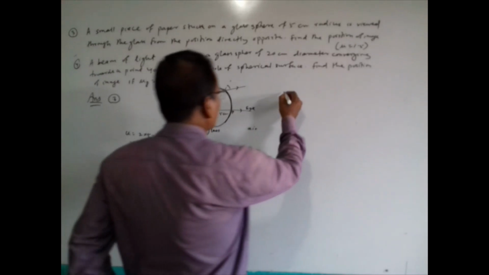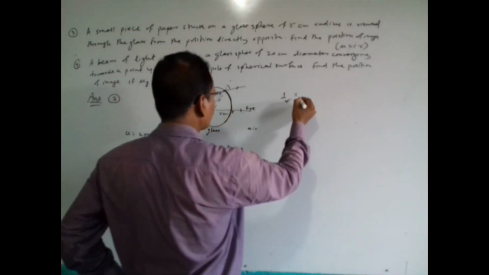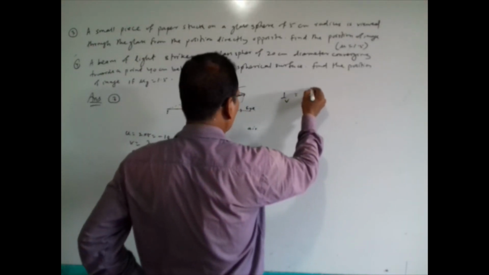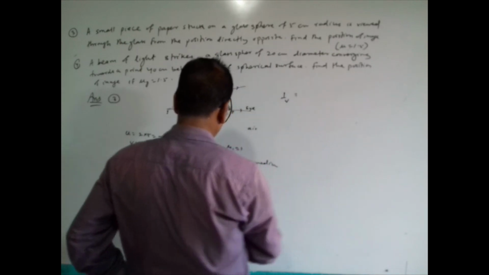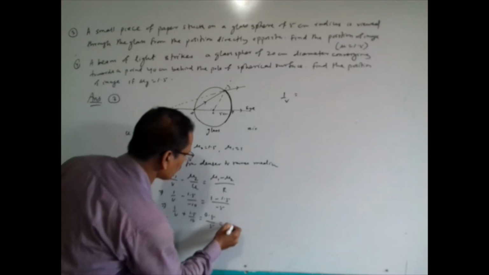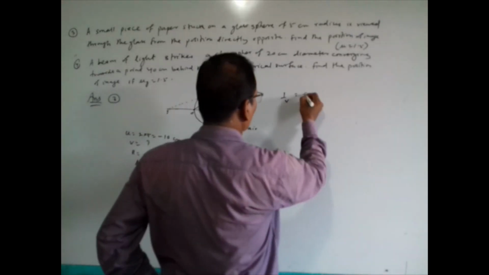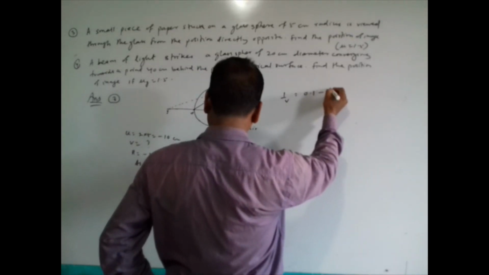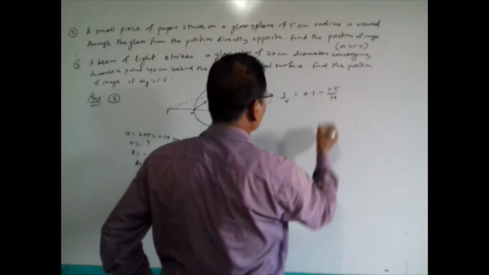So 1 by v is equal to 0.5 by 5, which is taken as 0.1. So 0.1 minus 1.5 by 10.